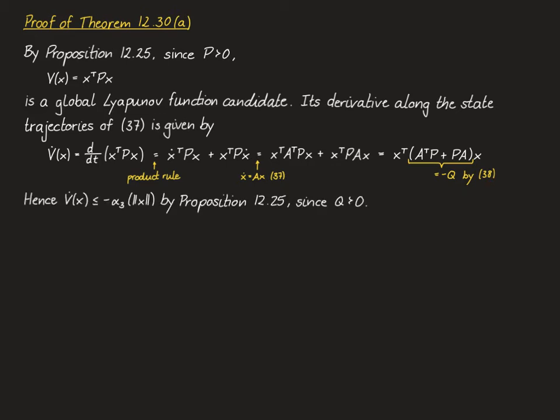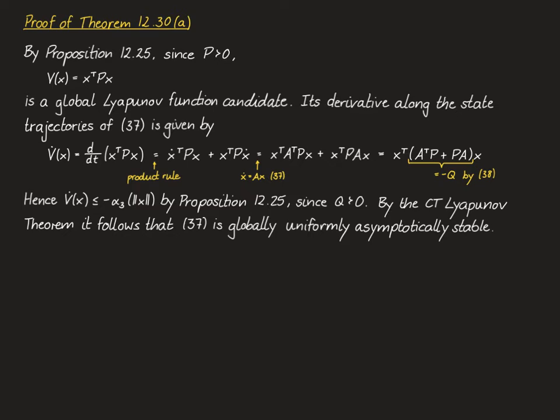we have that V dot of x is less than or equal to minus some K function of the norm of x, and therefore, by the continuous time Lyapunov theorem, we have that the system must be globally uniformly asymptotically stable.